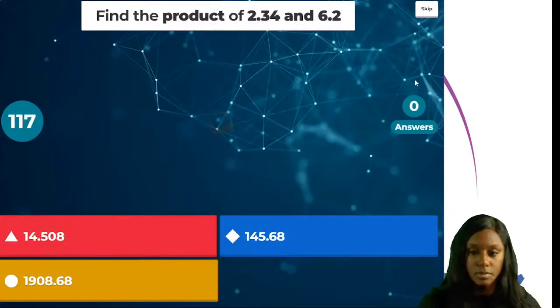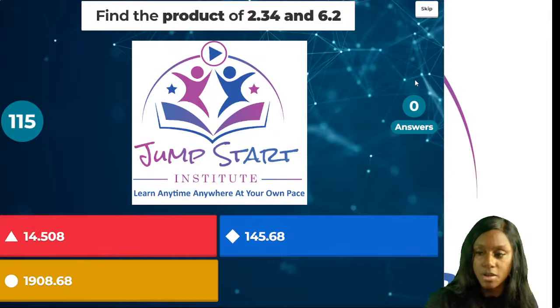Find the product of 2.34 and 6.2. You need to ask yourself, what does product mean, in order for you to know which operation to use.